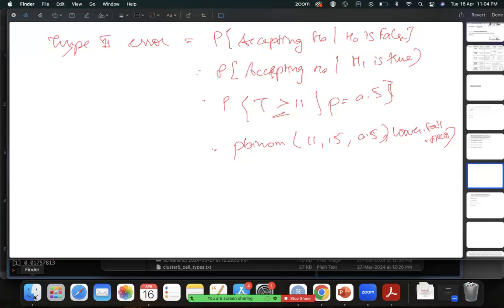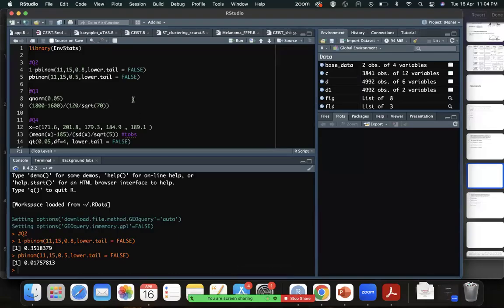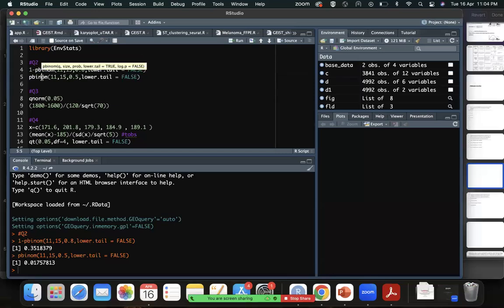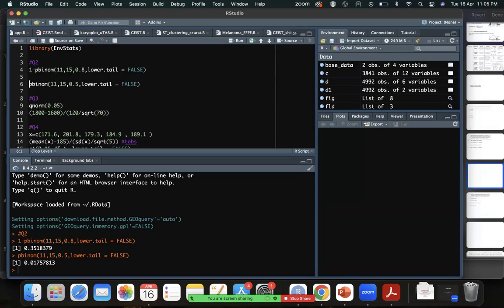Ma'am, in type 1 error also, do we have to put lower.tail equal to FALSE? When we are doing 1 minus pbinom, does it also reflect lower.tail equal to FALSE? You can either do it like 1 minus pbinom, or you can just do this.